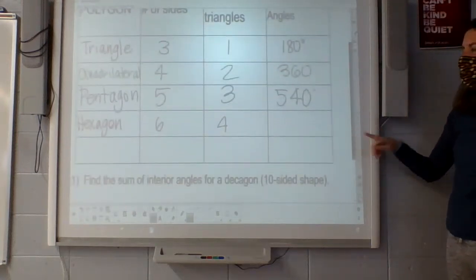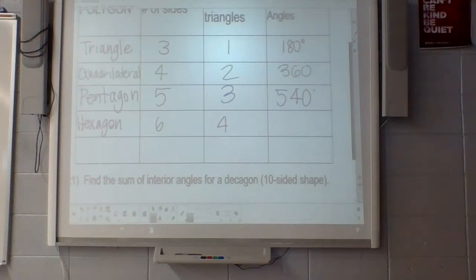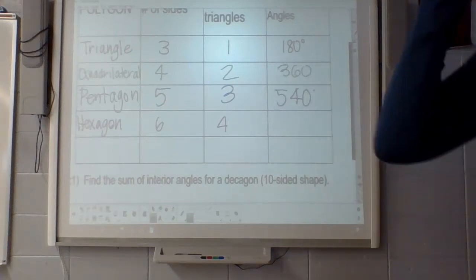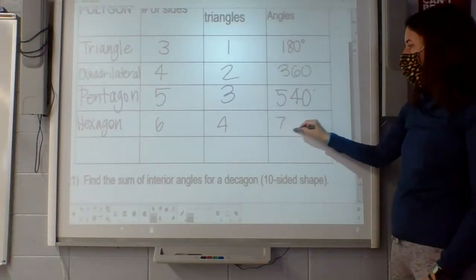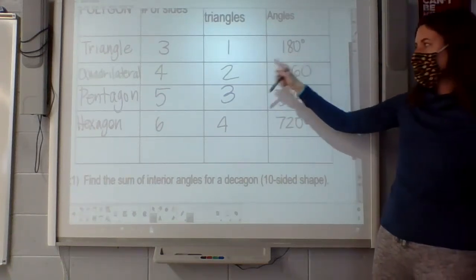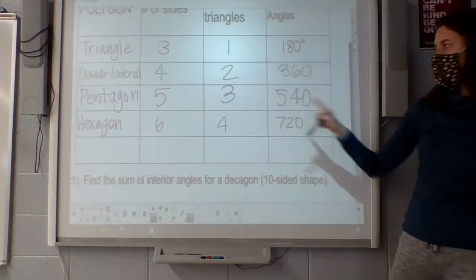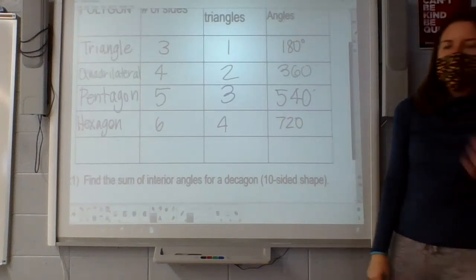Once you realize this, we won't have to do this chart. I'm going to show you there's actually a rule we can use. So 4 times 180 is going to be 720. The way I'm getting this is 1 times 180 is 180, 2 times 180 is 360, 3 times 180 is 540, 4 times 180 is 720.